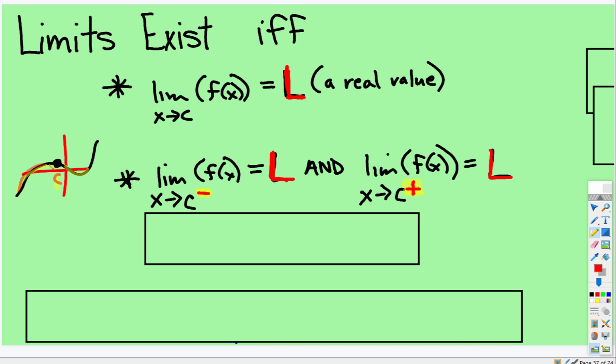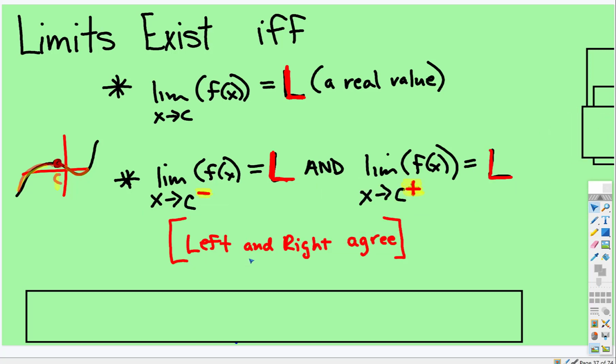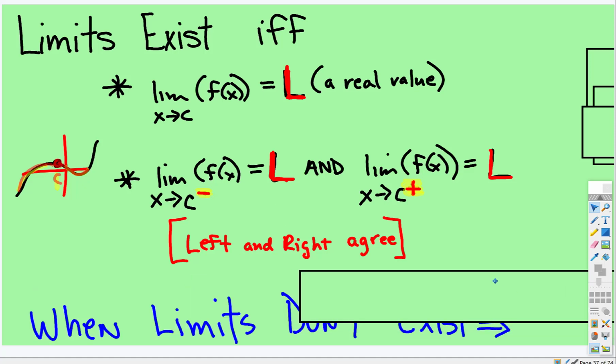As we come from the left, it goes to that height, and as it comes from the right, so if the limit as x approaches c from the left side is a certain height, and the limit as x approaches c from the right side is the same limit, then we know a limit exists. So the big thing to remember is the left and the right side of a graph need to agree for a limit to exist.